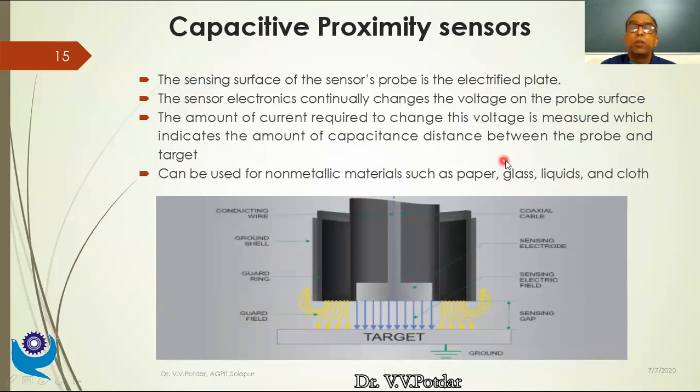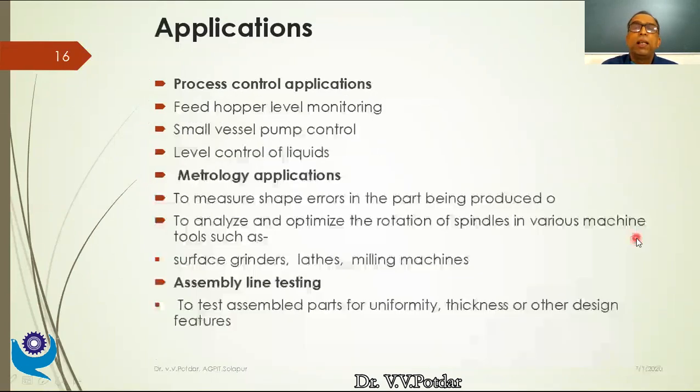Unlike inductive proximity sensors, where I require a conducting metallic surface, in capacitive proximity sensors I can sense the distances or obstructions of paper, glass, non-electrically conducting materials, even cloth. So this is the relative benefit.